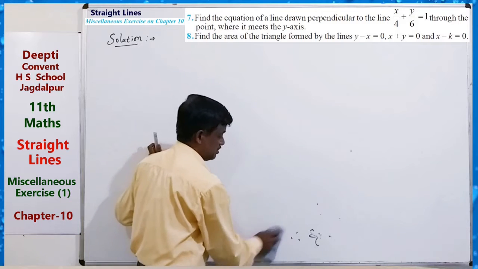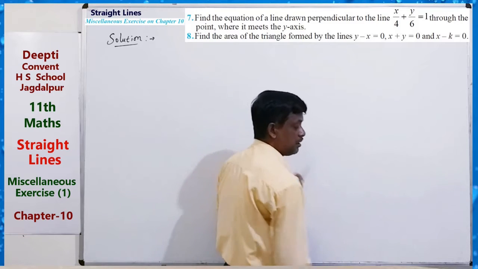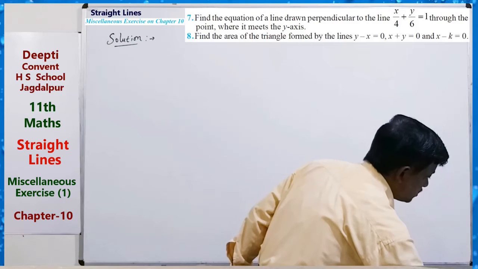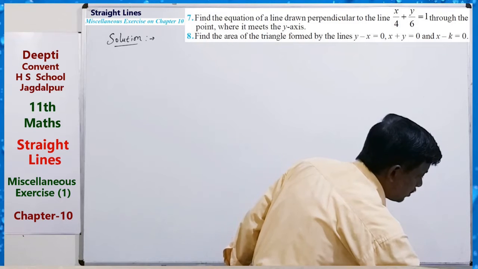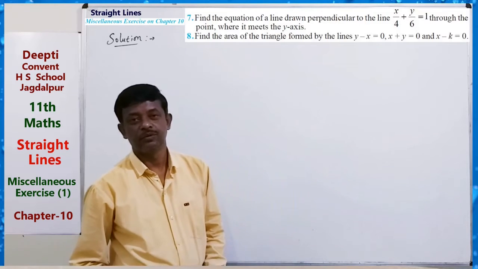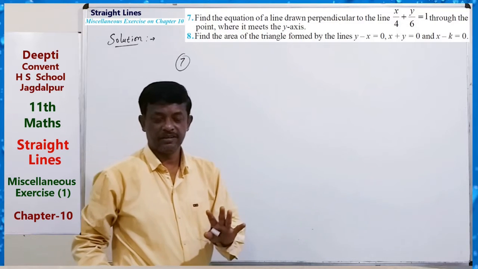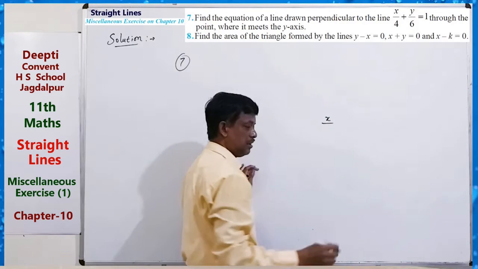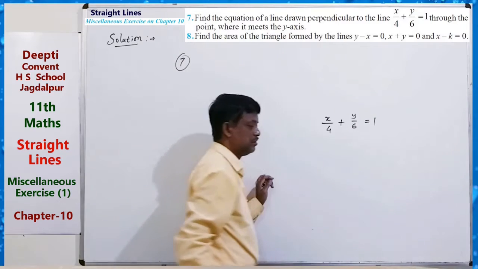The given line is x by 4 plus y by 6 equals 1. This is the given line.